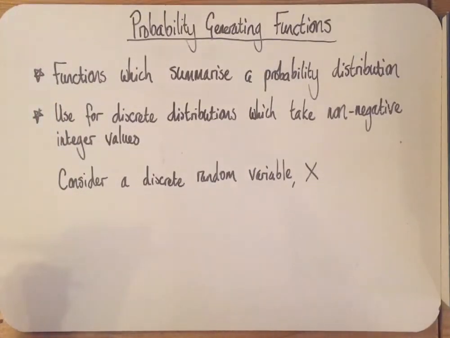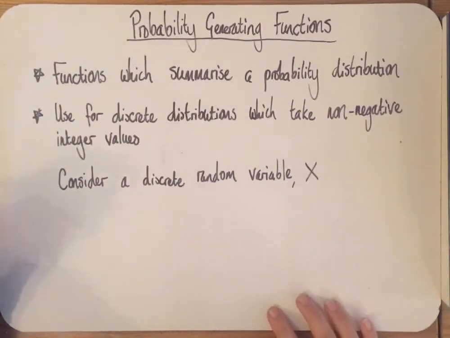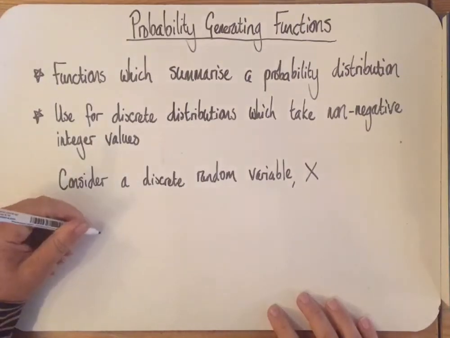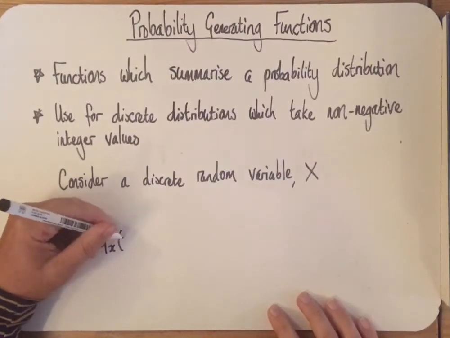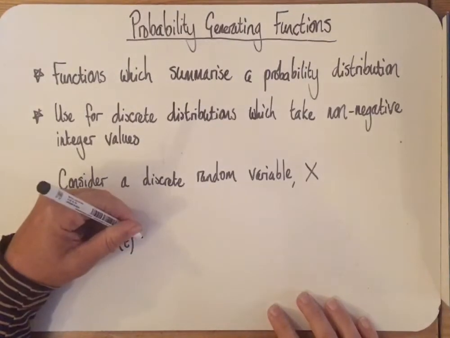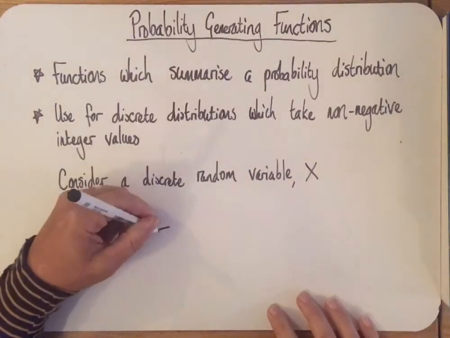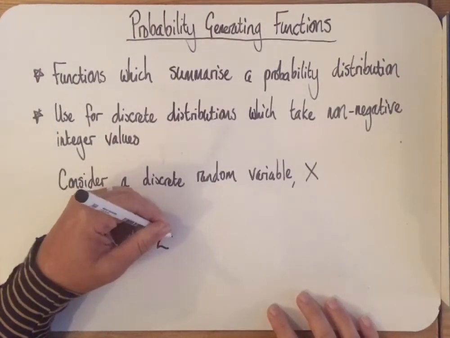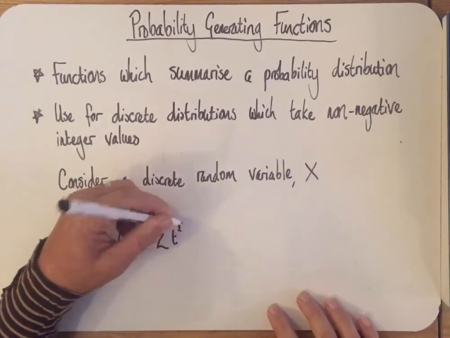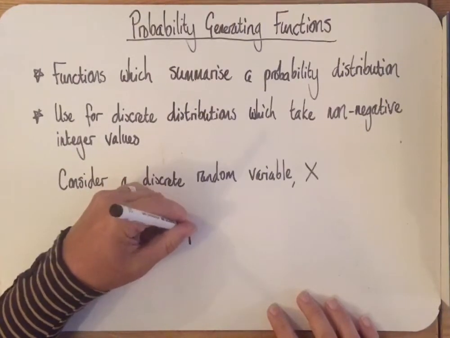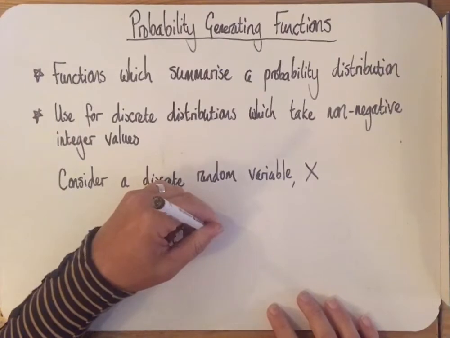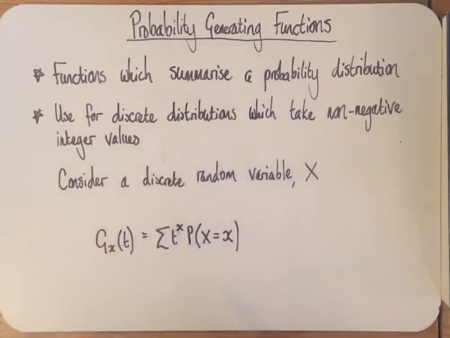So if we consider a discrete random variable X, this is the definition for a probability generating function of X. G_X(t) is equal to the sum of t to the x times the probability that X equals x, which probably looks a bit odd at the moment.